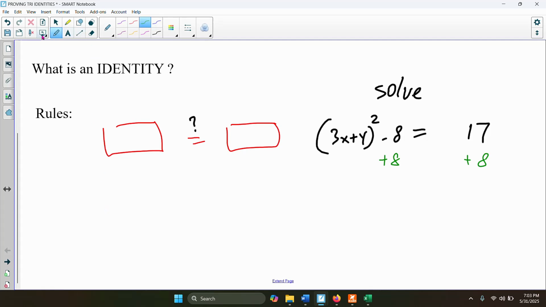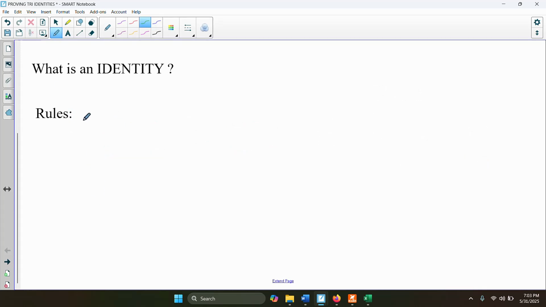You'll see exactly what I'm talking about within a couple of slides. So let me clear this out. The rules are: you work on only one side at a time, and as a strategy, you typically work on the more difficult side. And there are a couple more strategies.